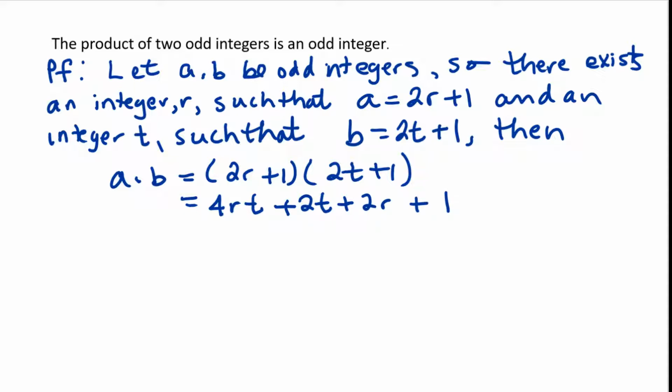This actually doesn't quite show that we have an odd number, but let's simplify a little bit. We can factor out a 2 from the first three terms. So now we get 2 times (2RT plus T plus R) plus 1.